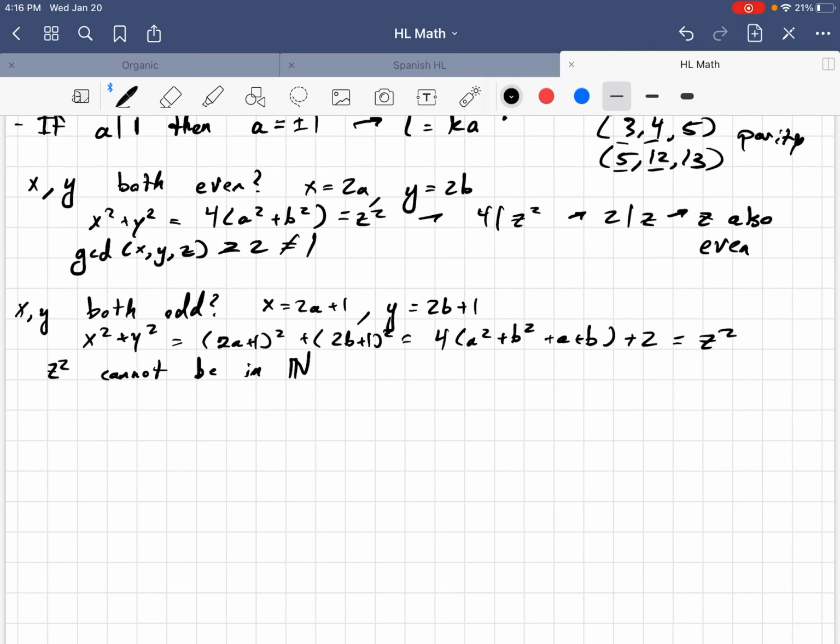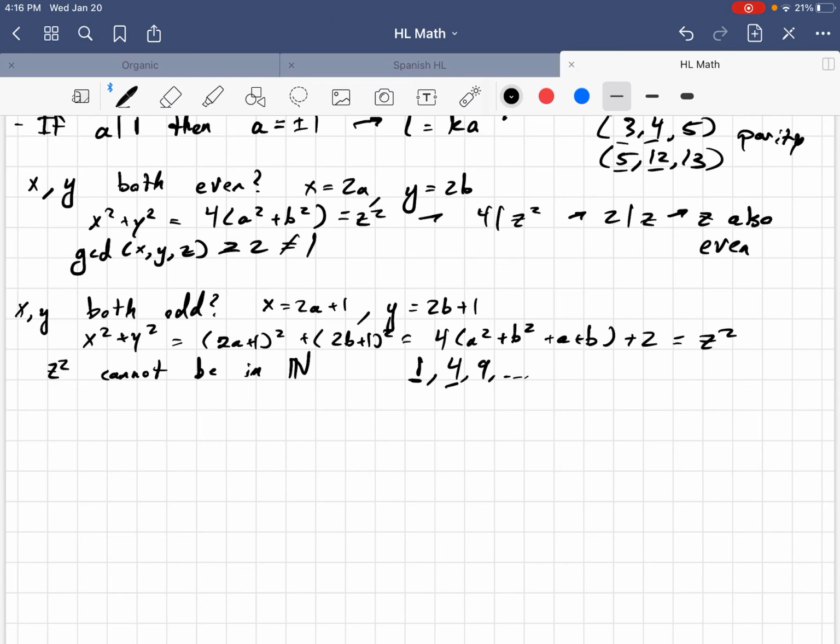And that should make sense because the smallest perfect square is, well, 1, right? Obviously there's 0, then there's 1, and then there's 4, and then there's 9, and so on and so forth. So 1, obviously you have no factors of 2 anywhere in there, but the next biggest square, if it's a square, requires 2 factors of 2, and so it has to be a multiple of 4.